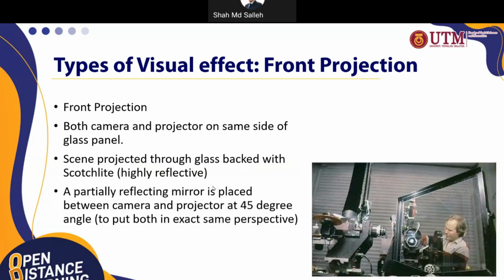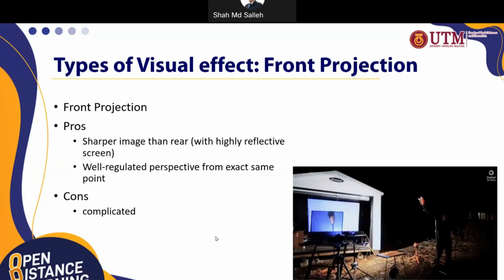This is front projection. Both camera and projection are on the same side of the glass panel. The image is projected through glass that is highly reflective, not non-reflective. A partially reflecting mirror is placed between camera and projection at a 45 degree angle to give both the exact same perspective.